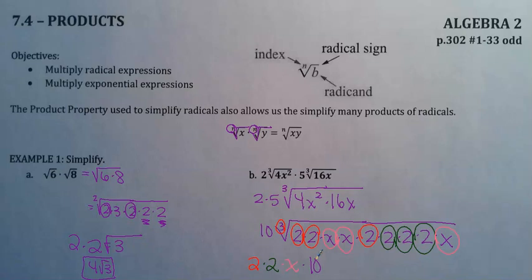And then I don't have anything else under my radical, so I'm just going to simplify this. 2 times 2 is 4. 4 times 10 is 40. And then I can't forget my x. So this, 2 times the cube root of 4x squared times 5 times the cube root of 16x, is equal to 40x. Okay, that's our simplified answer.